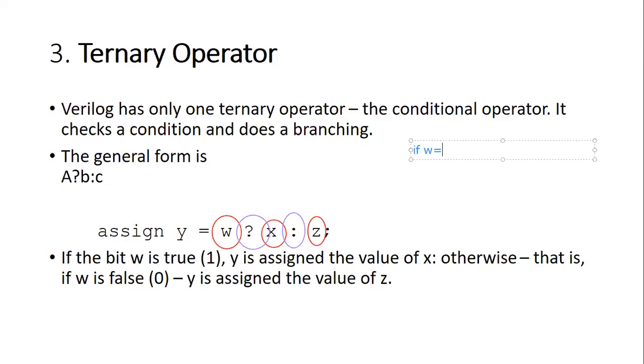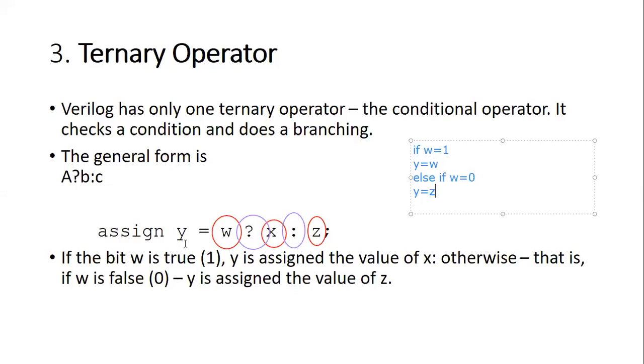This is pseudo code I'm writing. If W is equal to 1, Y is equal to X, else if W is equal to 0, then we can assume Y is equal to Z. That is what it means.